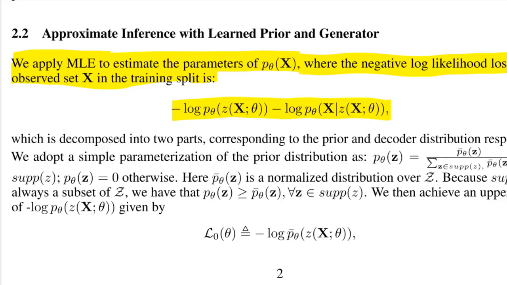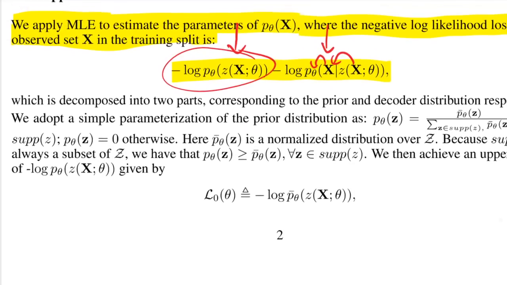The log decomposes into a sum. So this is going to be your prior, and this is going to be your generator discriminator combo. The generator produces images from that binary code, and then the discriminator assigns high or low values to those produced images, and also to images from the dataset. And the thing over here is simply going to be the prior over the z distribution that we briefly discussed.